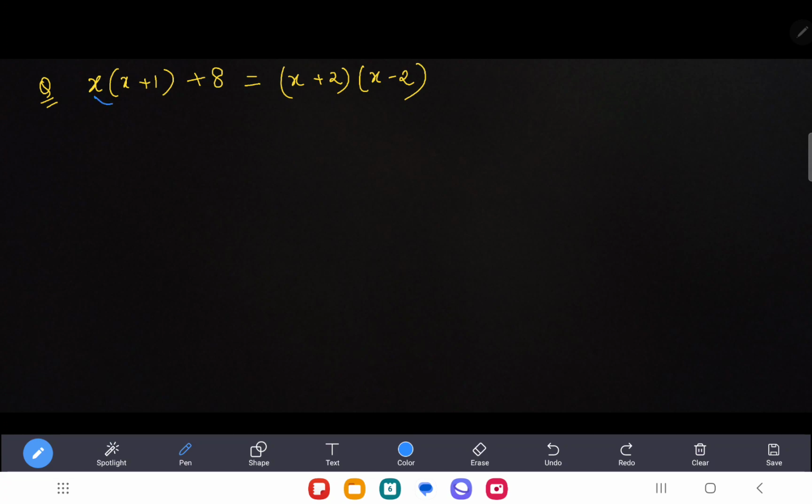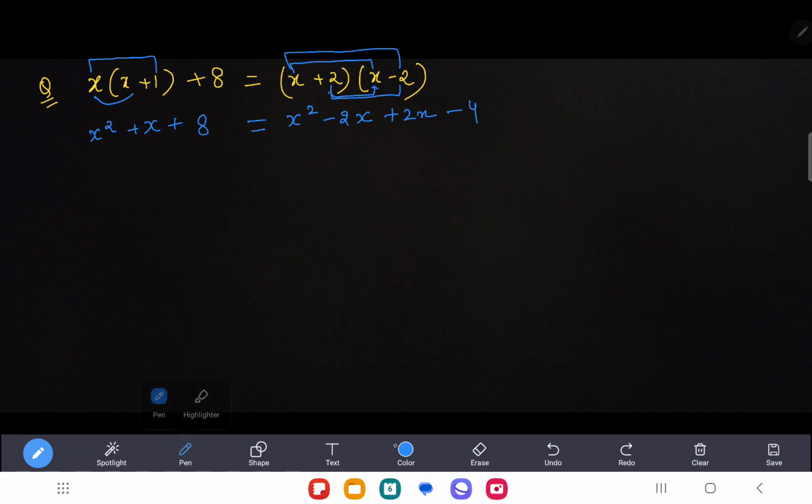So, we have x times x would be x square, x times 1 shall be x plus 8 equals to x times x shall be x square, x times 2 should be minus 2x, 2 times x shall be plus 2x, and 2 times 2 shall be minus 4 because plus into minus, right? So, this is it. Now you solve it out.